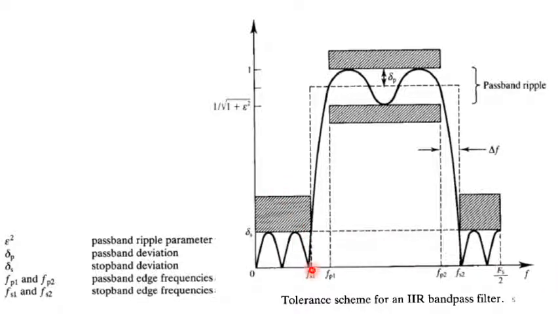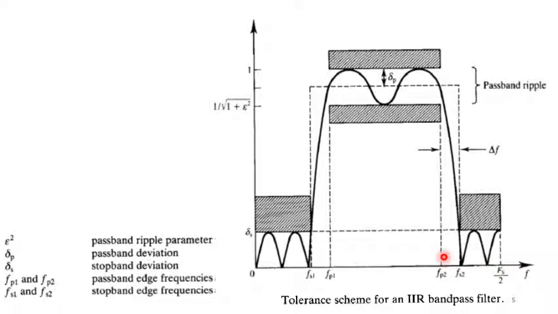In the ideal case, all frequencies less than fs1 should have 0 magnitude, those frequencies between fs1 and fs2 should have a value of 1, and those frequencies greater than fs2 should be 0.